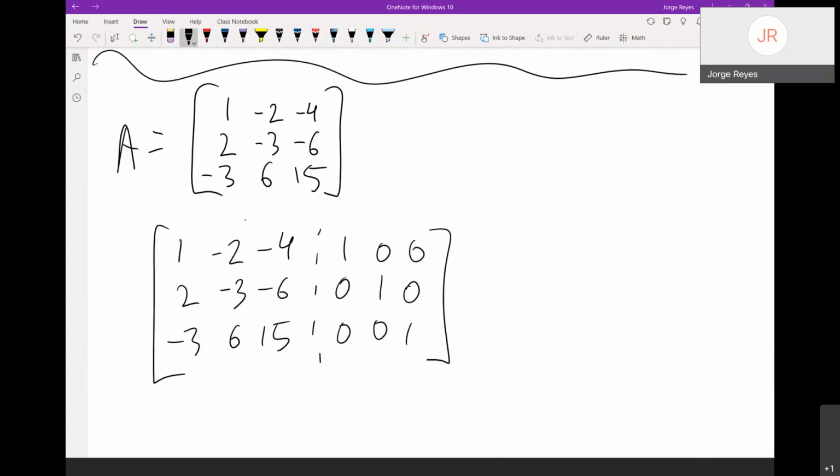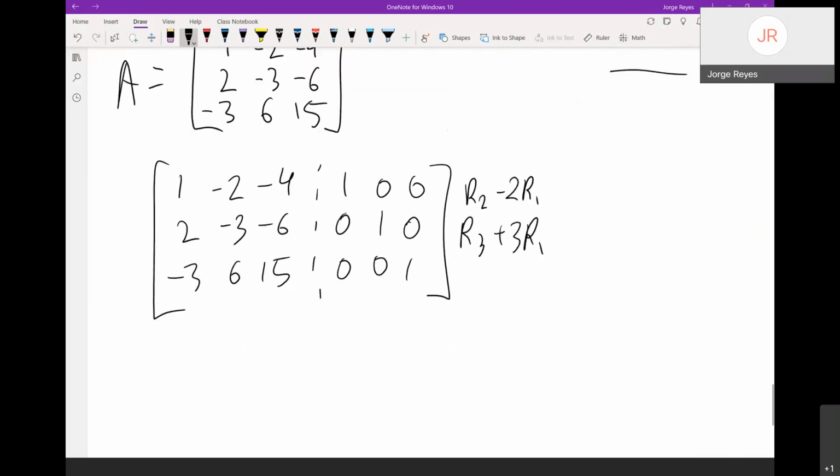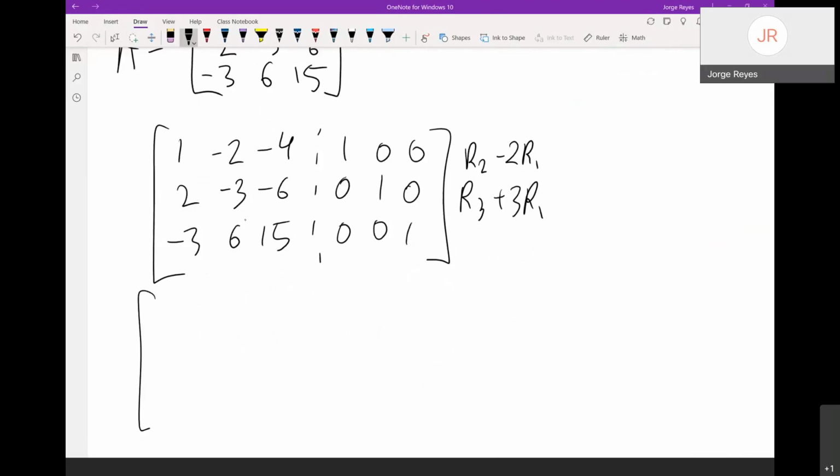Okay, and our goal is to flip them. All right, so we're going to do row 2 minus 2 row 1 and row 3 plus 3 row 1. Okay, so row 1 is going to stay the same. Row 2, so 0, 0, right? Okay.